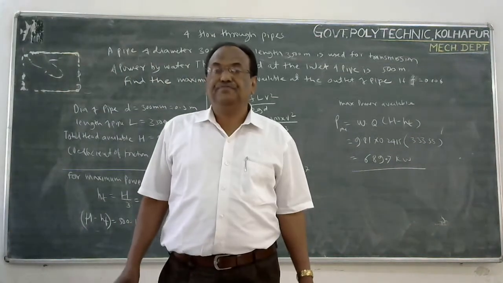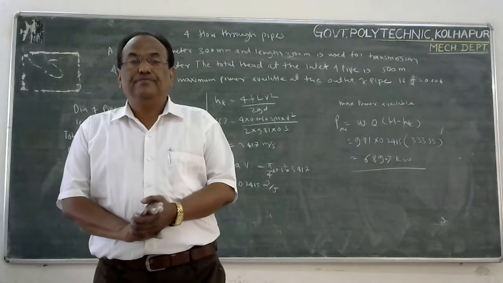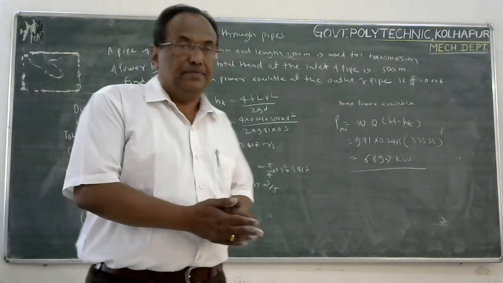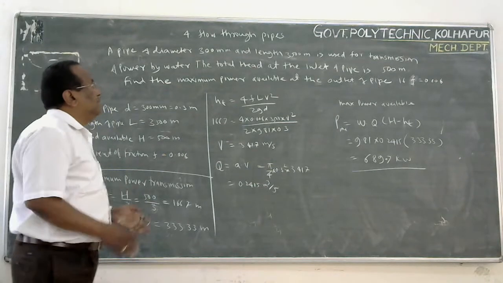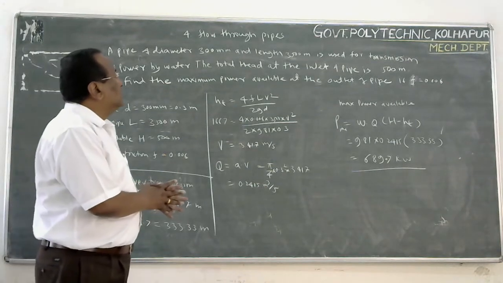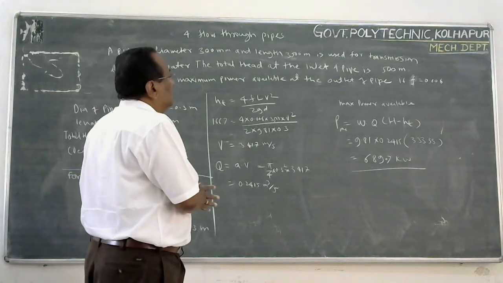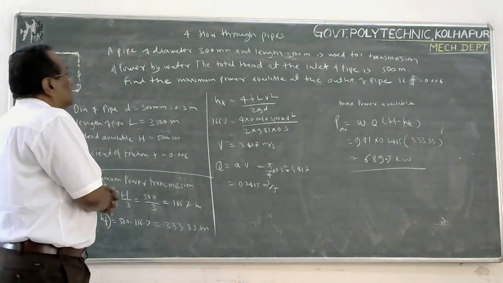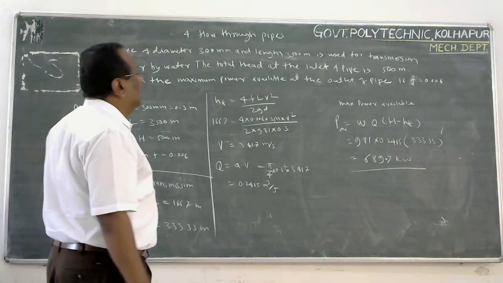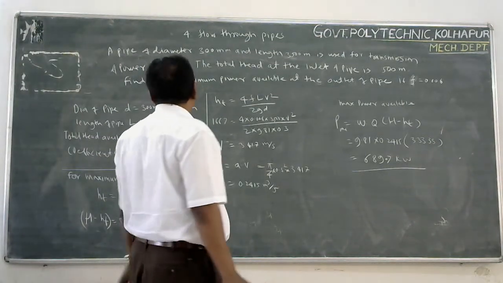We will see the problem on power transmission through pipes. The problem is that a pipe of diameter 300 mm and length 3500 meters is used for transmission of power by water. The total head at the inlet of pipe is 500 meters.